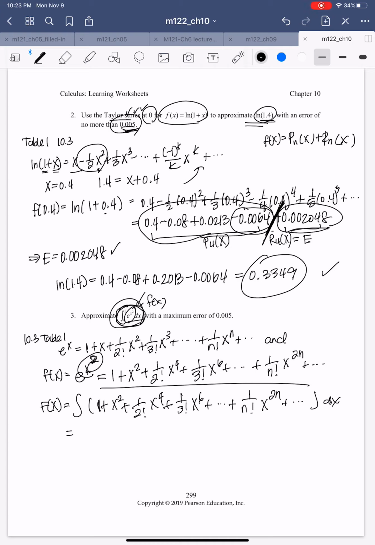Again, that's an indefinite integral, so I'm going to put the constant term first. 1 will be x. x squared will be x cubed over 3 plus x to the 5th over 10 plus all the way up to x raised to the 2n plus 1, divided by n factorial times the new power 2n plus 1.